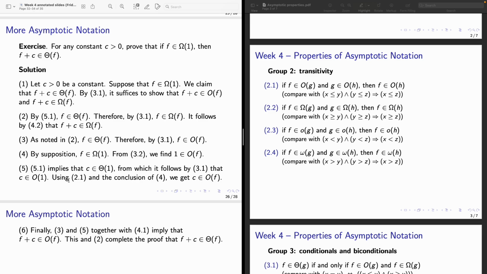Anyway, 2.1 with the conclusion of 4, transitivity. We know that 1 is in O of f and c is in O of 1, so c is in big O of f.